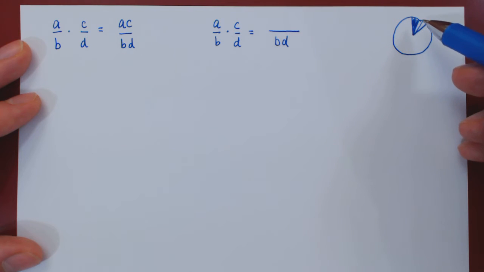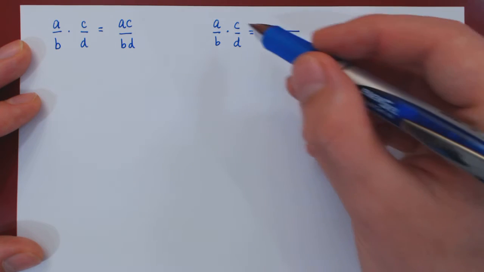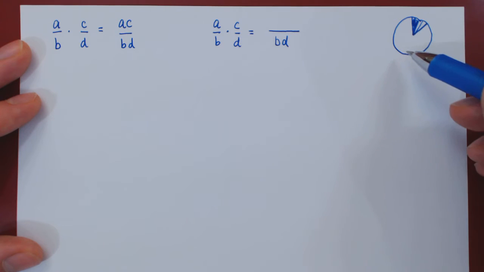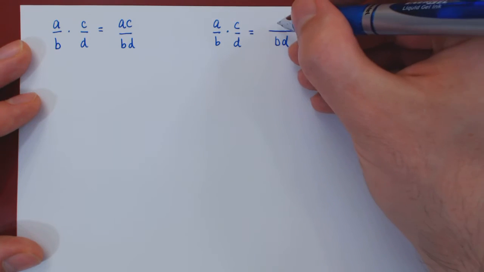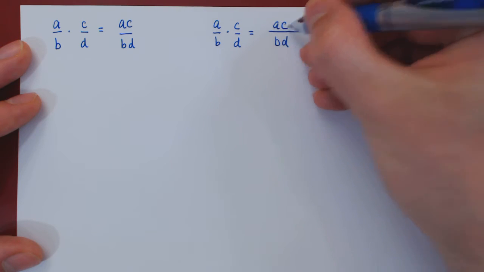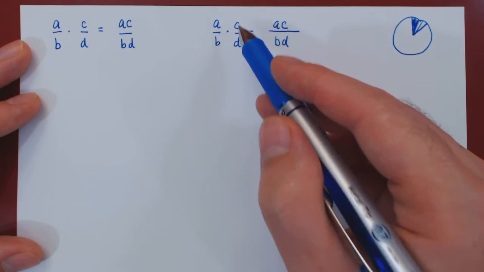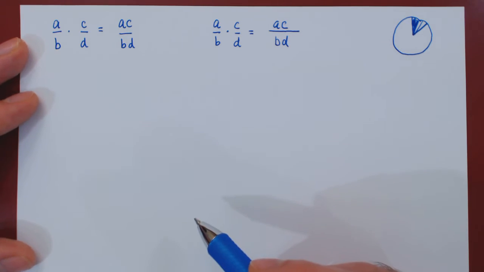Well, for each of the original parts, we are taking a parts, and there were c original parts. So those a parts will show up c times, which means we have a times c of them. And this is why a over b times c over d is simply ac over bd.